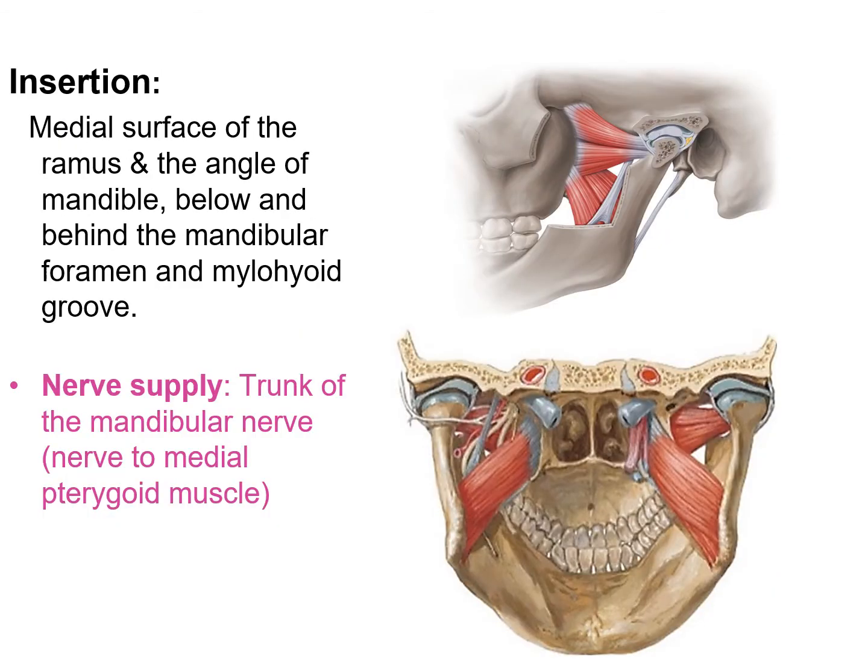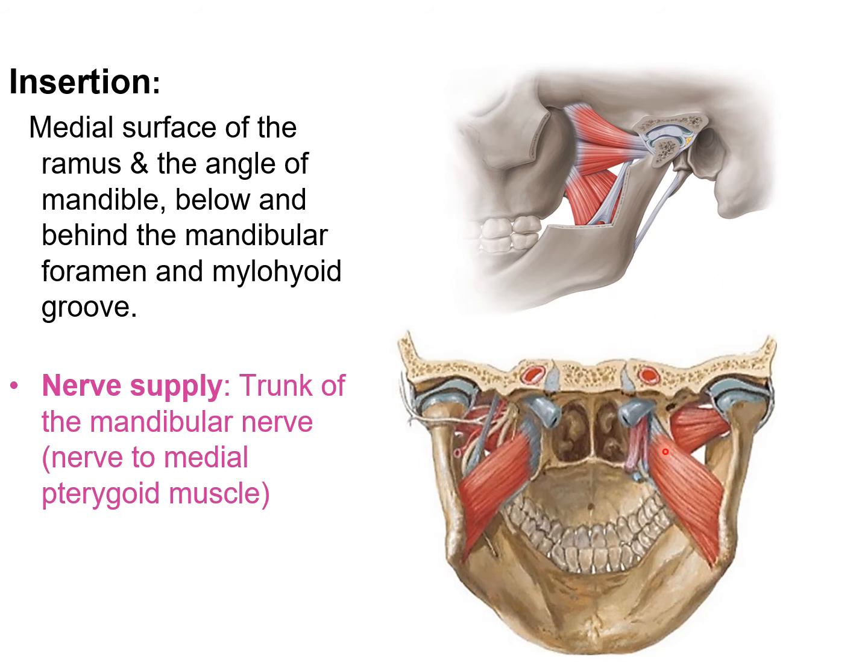Talking about the insertion of medial pterygoid, both the superficial and deep head pass downwards, backwards and laterally, and are inserted onto the medial surface of the ramus and the angle of mandible, below and behind the mylohyoid groove and mandibular foramen. So this is the inner aspect of the jaw, and this is the coronal section we are watching.